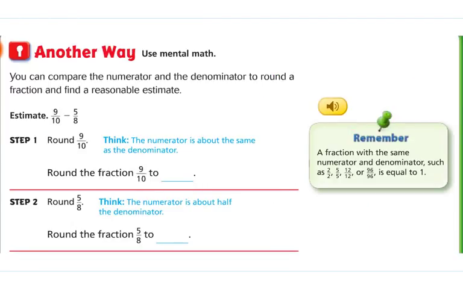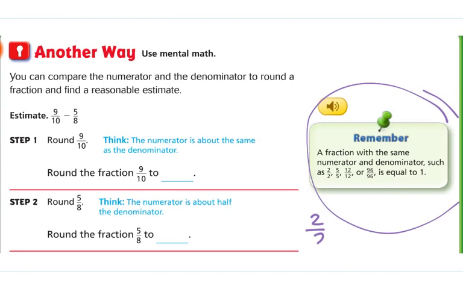Another way we can estimate is using mental math. Make sure that you note on the side, boys and girls, where it says remember: a fraction with the same numerator and denominator, such as 2/2, 5/5, 12/12, or 99/99, is equal to 1. Because when we see 2/2, we really know that this is saying 2 divided by 2, which is 1, and 5/5 is 5 divided by 5, which is equal to 1, and so on.